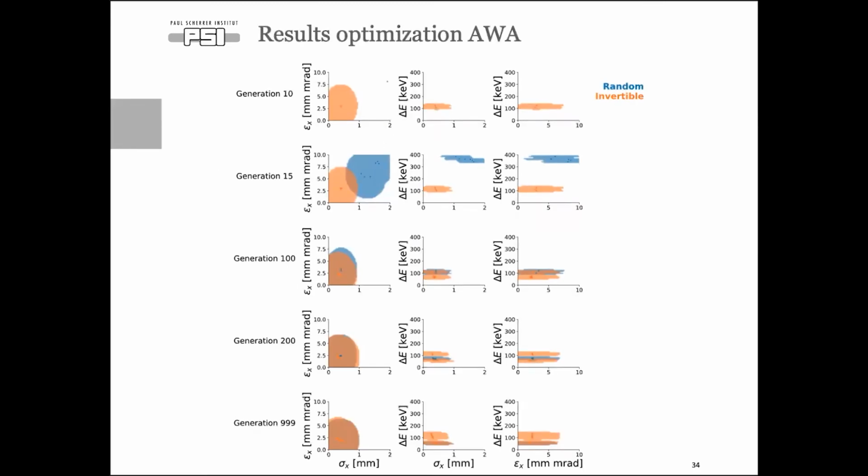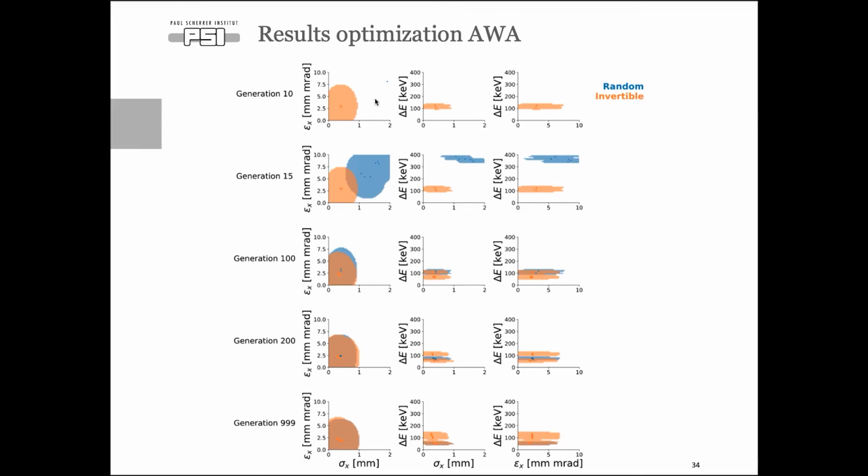And here you see some results. So you see the objective values plotted here for several generations. In blue, you see the results for a random initialization, and in orange, you see the results for the initialization with the invertible model.